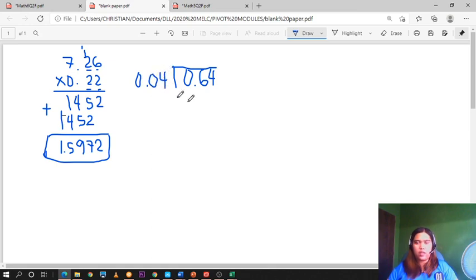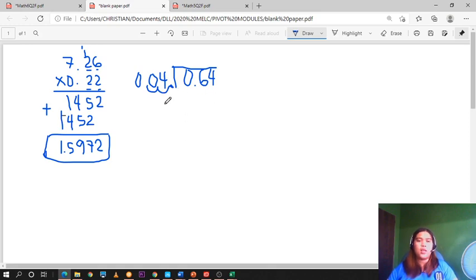Okay, so paano natin siya i-apply? So sabi daw, i-move lang natin yung decimal point. So ito yung shortcut natin. So move natin yung decimal point ng divisor hanggang sa maging whole number na yung ating divisor. So move natin siya 1, 2. So nandito na yung ating decimal point. So, whole number na siya. So, 4 na lang siya.